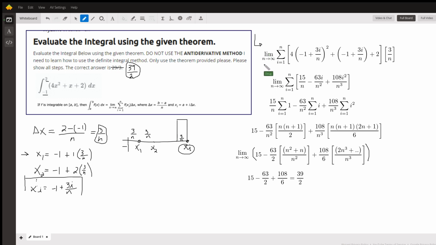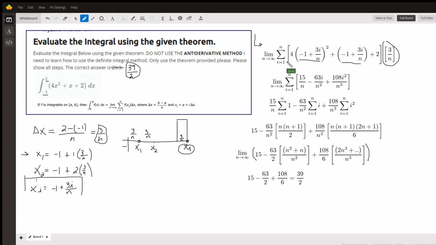Find the limit as n approaches infinity of the sum of the areas of all these rectangles, n of them. So here's the x of i plugged into the function. We got to square this, plus x, that's the right-hand endpoint, plus 2, and here we've multiplied by delta x, or the width of the rectangle.